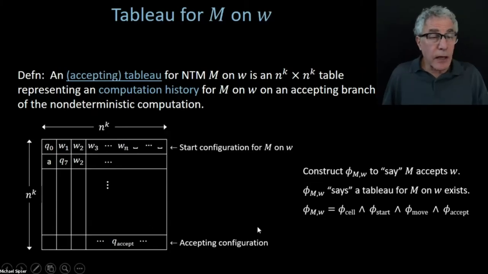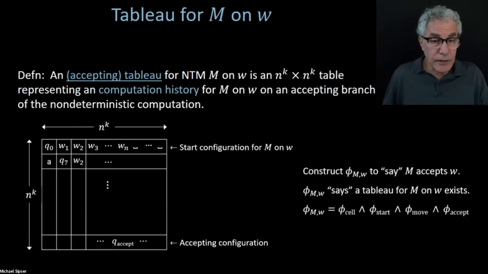And then we're going to need some other stuff to talk about how we're encoding those symbols using Boolean variables. So those are going to be the four parts. Here's the start, it starts right, here it ends right, here it moves right, and here it talks about the encoding of the symbols into Boolean variables. Those are the four parts of this formula that I'm going to describe.